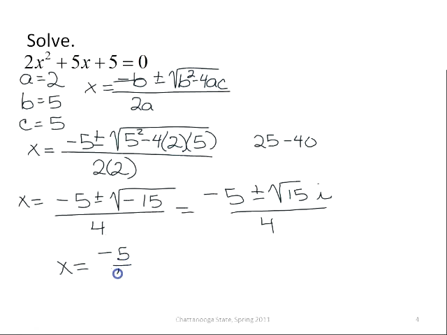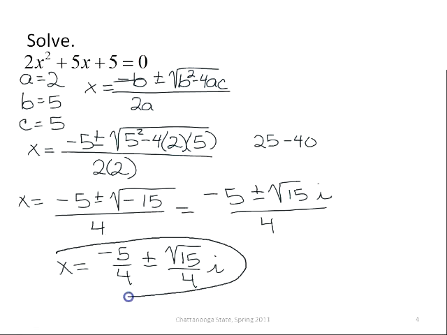So the first part, the real part, will be the negative 5 over 4. And the imaginary part will be the square root of 15 over 4, i. I just put the denominator under each term. So I have negative 5/4 plus or minus the square root of 15/4, i. So this means that both of my solutions to this equation are complex.